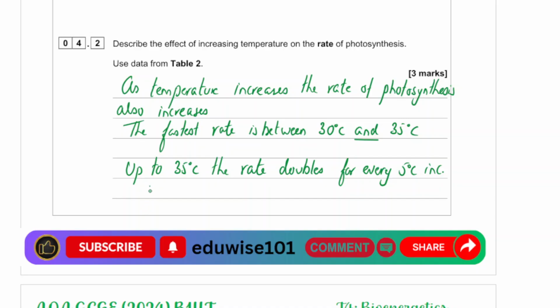That will actually give you the 3 marks, but I'm going to mention this point as well: at 40 degrees, the rate is 0. Or you could say after 35, rate decreases, and at 40, it's 0.